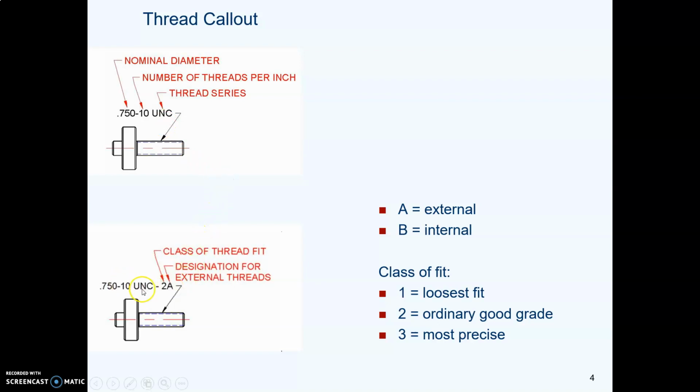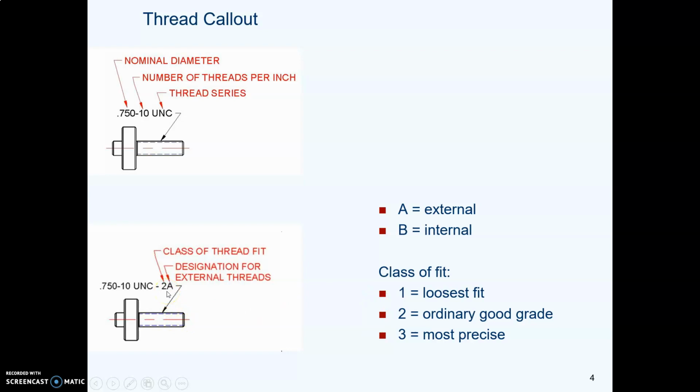Continuing on, there's another thing you have to add. You know how ASME's dimensioning rules say every dimension shall have a tolerance. Well, here's how you put the tolerance on this thread callout. It turns out that ASME has 3 classes of fit, from loose and not very precise to ordinary to close tolerance and most precise. 1, 2, and 3.